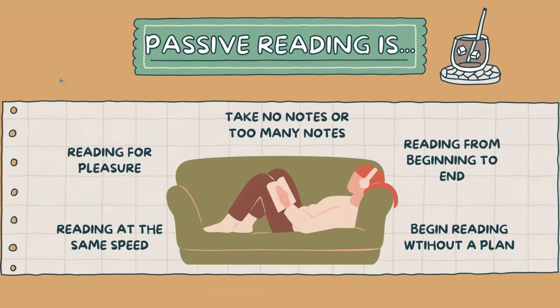This is typically leisure reading, right? You're reading for pleasure. You're not really taking too many notes. You might be, but you may not be studiously taking notes. You just read to go along with it, and you're reading at the same speed.